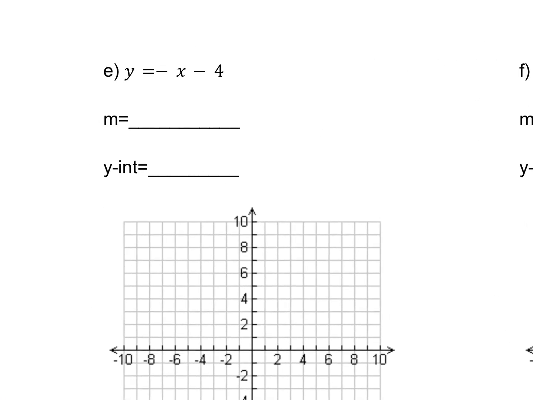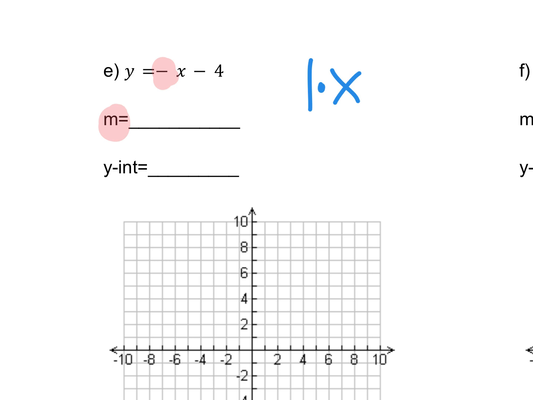What do you think my slope is for this equation? You can pause the video if you want and kind of think about it, but all I have is a negative in front of the x. If you remember from the last section, we said that if we ever have the term x, we can think of it as 1 times x.